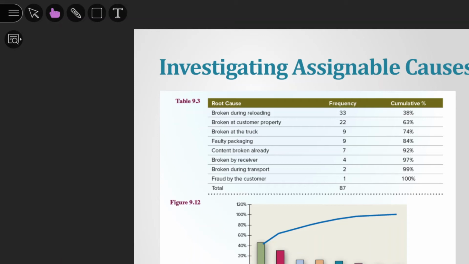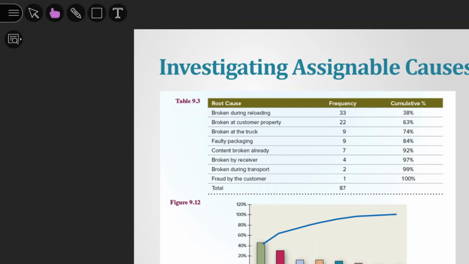So it lists out the frequency. For example, broken during reloading, 33 occurrences. Broken at customer property, 22 occurrences. Broken at the truck, 9 occurrences. And so on and so forth. And at the end, fraud by the customer, 1 occurrence.